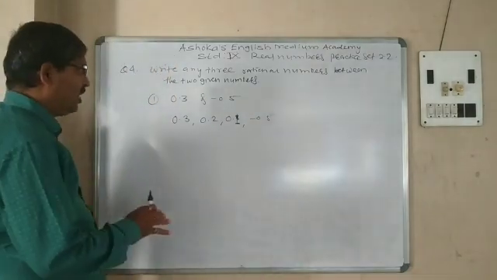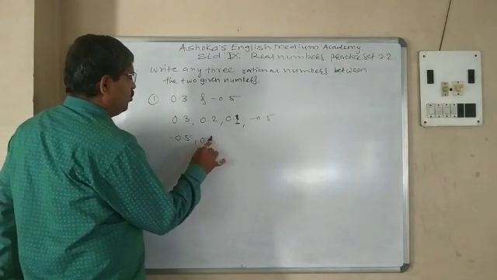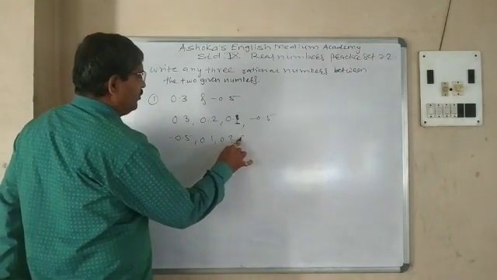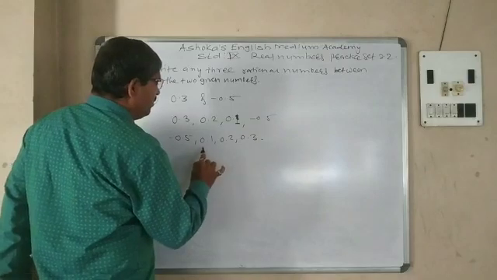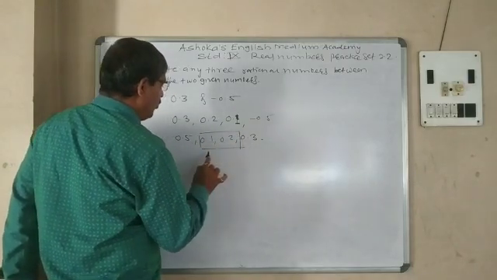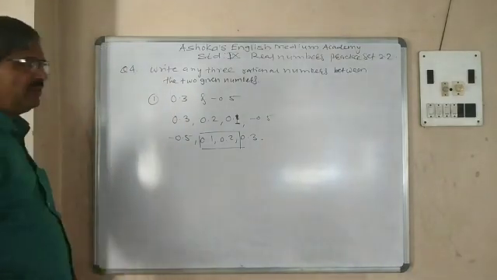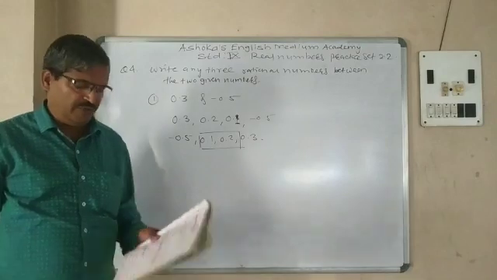Actually, how does it come? Minus 0.5, then 0.1, then 0.2, and then 0.3. Means 0.1 and 0.2 are two numbers that lie between 0.3 and minus 0.5.